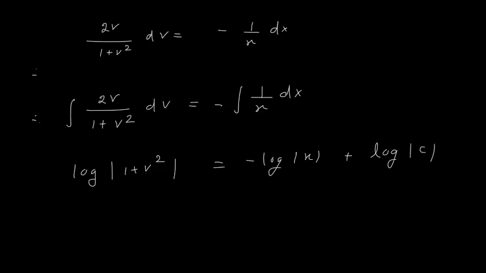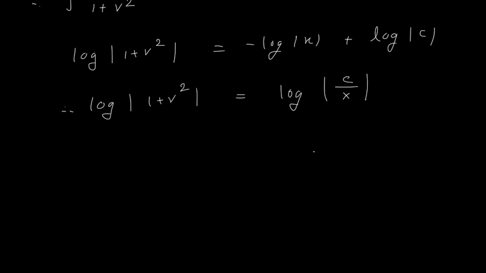So therefore I have log of 1 plus v square is equals to log of, now log of c minus log of x is what? Log of c upon x. So now we can remove this log sign and we have therefore 1 plus v square is equals to c upon x. So therefore v is what? y upon x.